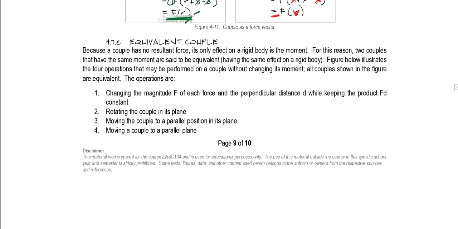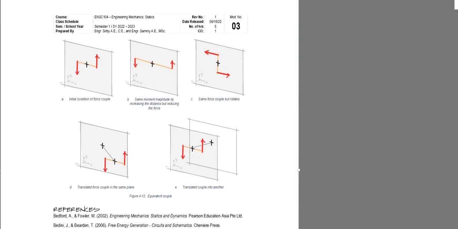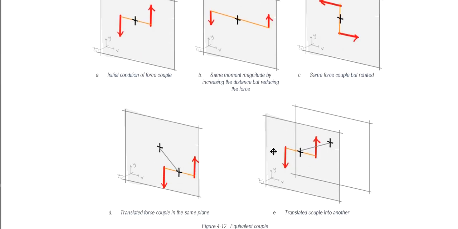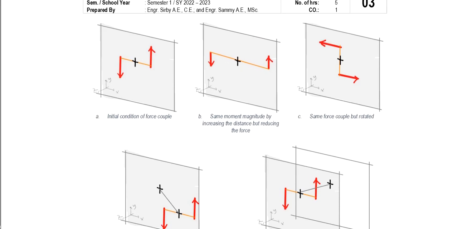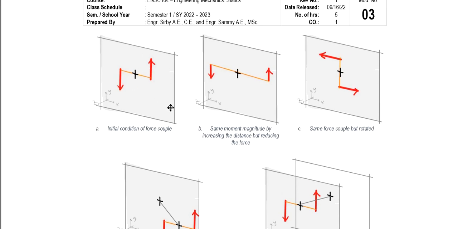Okay, so let me now show the four illustrations regarding how we can say that the effect of this force couple is equivalent in each figure regarding their moment. So this is the initial condition of our force couple.